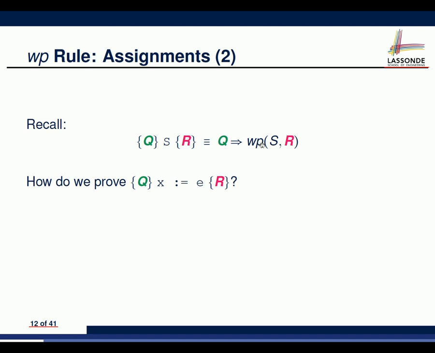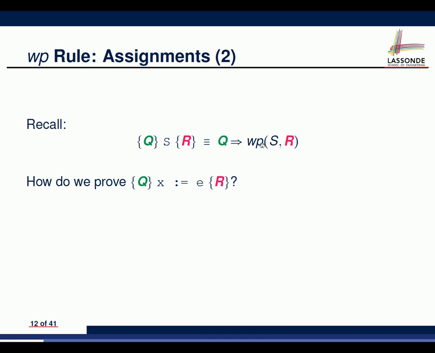What should I prove? According to what we just learned, we want to say Q implies the weakest precondition for x is assigned to E to establish R, right? That's something we want to say, okay?